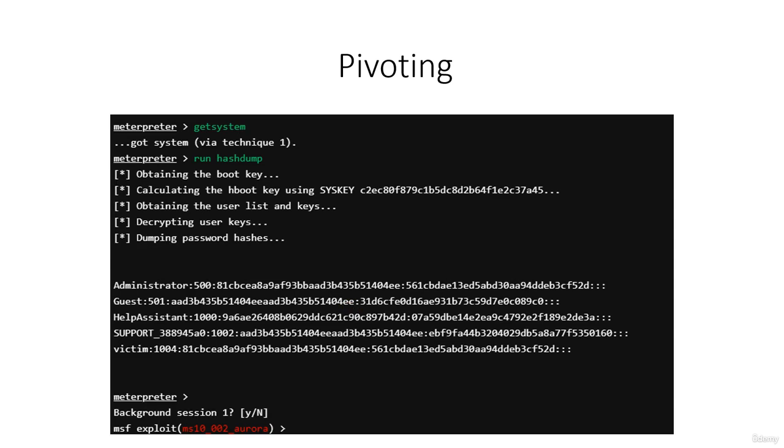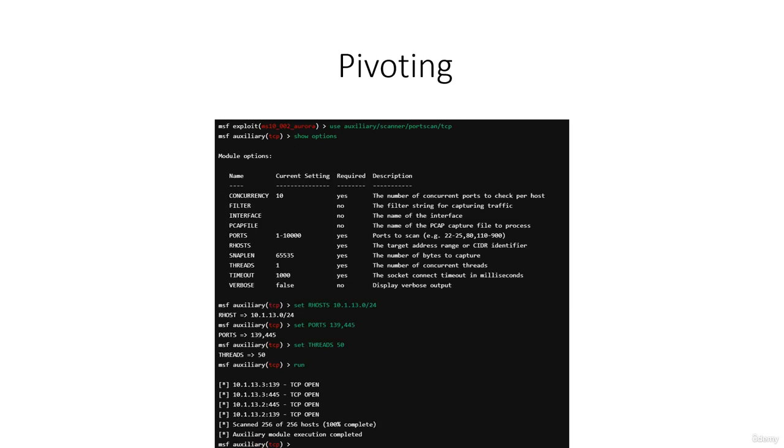So now we need to determine if there are other systems on the second network that we have discovered. We will use the basic TCP port scanner to look for ports 139 to 445. As you can see, all the names and options, like concurrency, filter, you can check all of those by typing our host and ports in here.